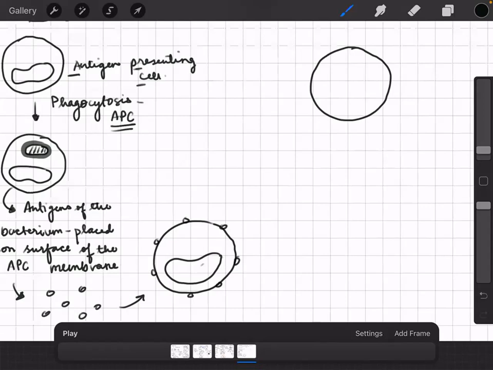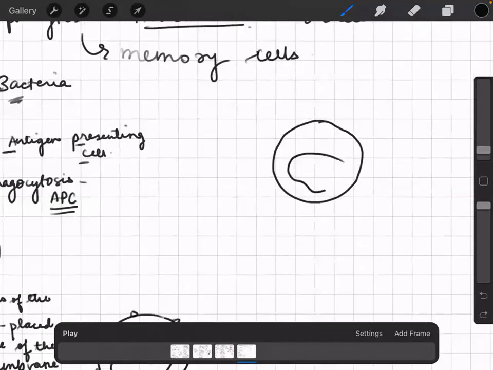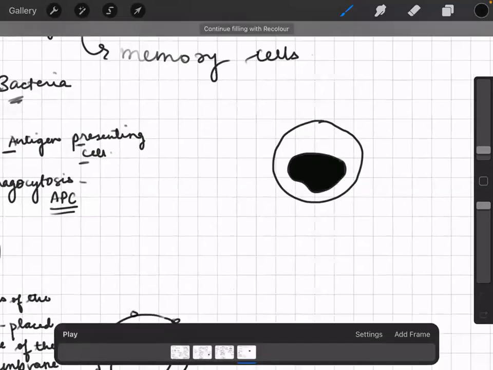It has made your bacterium a bigger target. Look at the size variations in the bacterium and this antigen presenting cell that you have. Because it has made it into a bigger target, what you can do is you can take this antibody from here. So let's say this is your antibody cell.